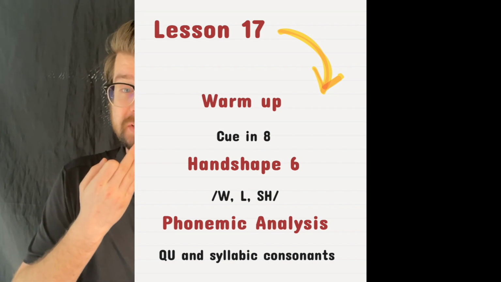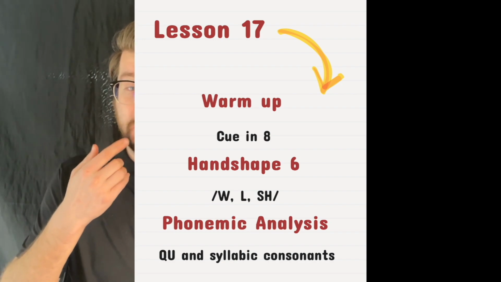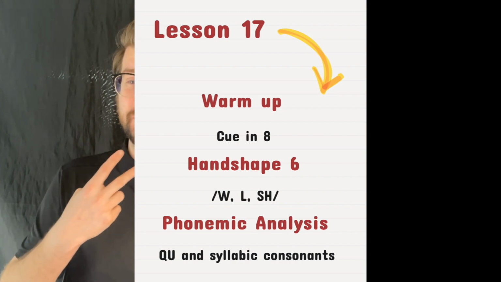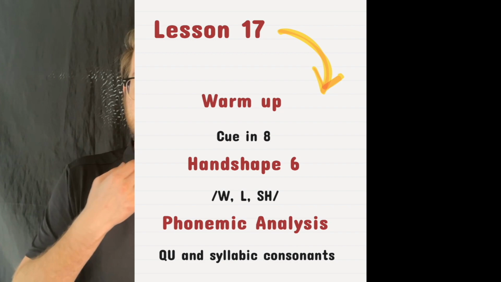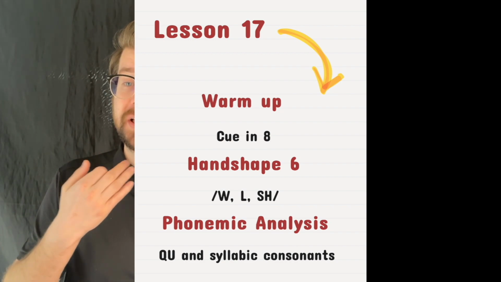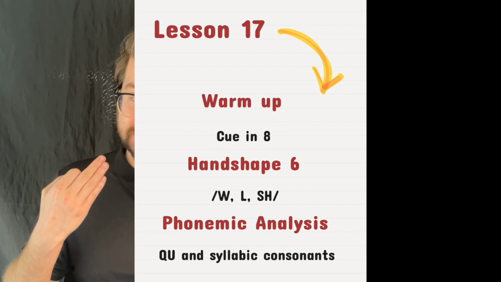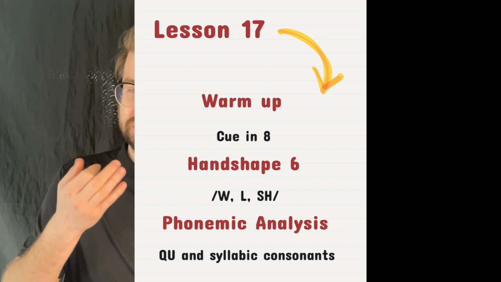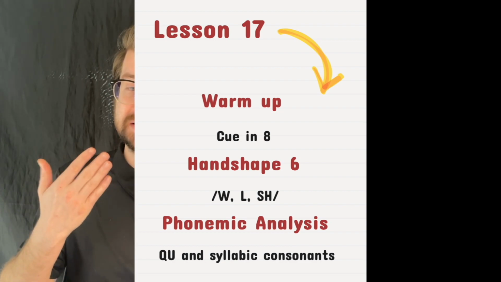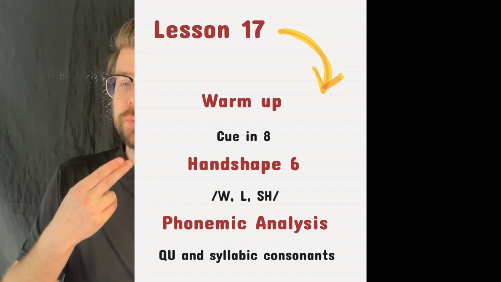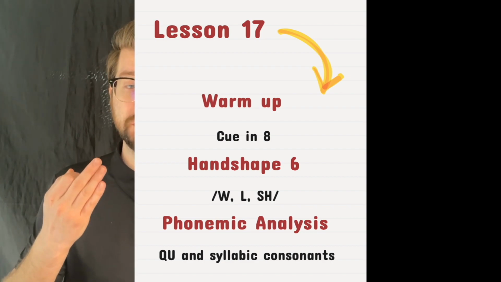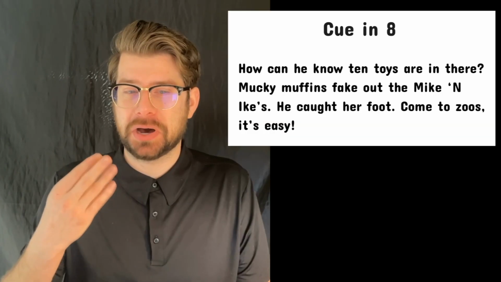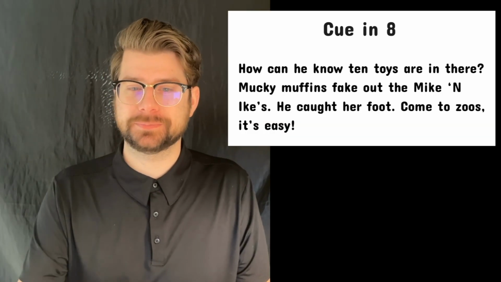So now for 17. We have Q and 8, which we will do together. Then we have a new handshape 6. And then we will do some phonemic analysis of the QU sound. So, Q in 8, pause here and we will go through it.